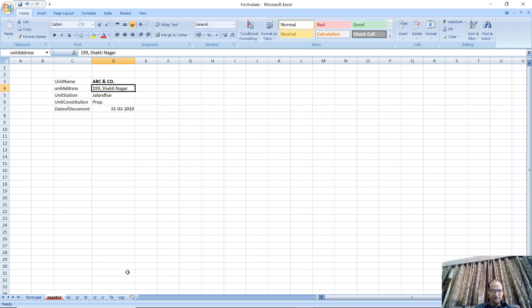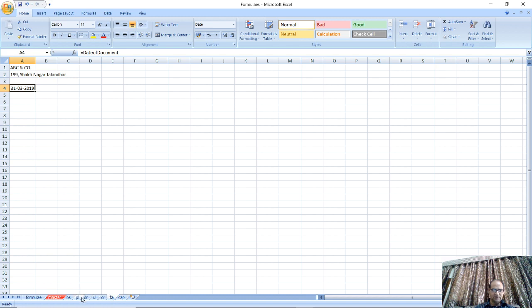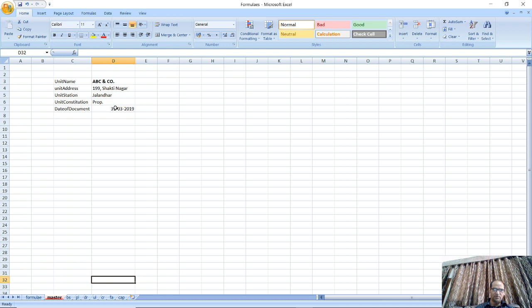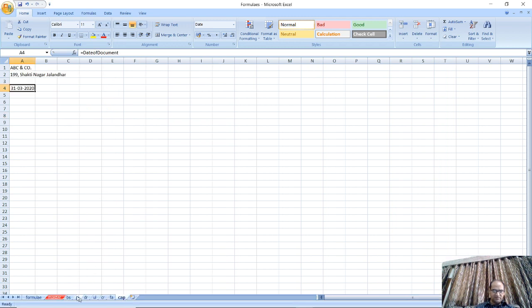So all those sheets will change automatically the name of the concern or the address or the date of the document. If you want to prepare the balance sheet for 31st March 20, all will change in one go, and there is less chance of error.